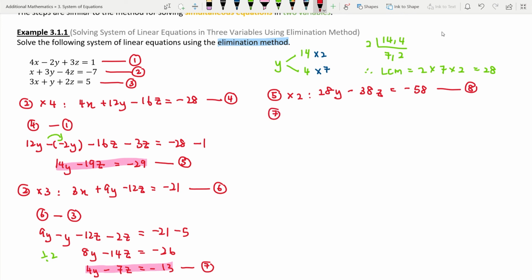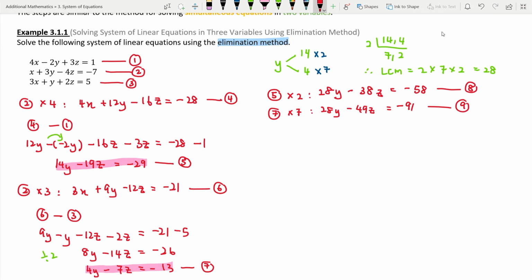Equation 7 times 7. 4 times 7, we get 28y. 7 times 7, we get negative 49z is equal to negative 13 times 7, we get negative 91. And this is our equation number 9.